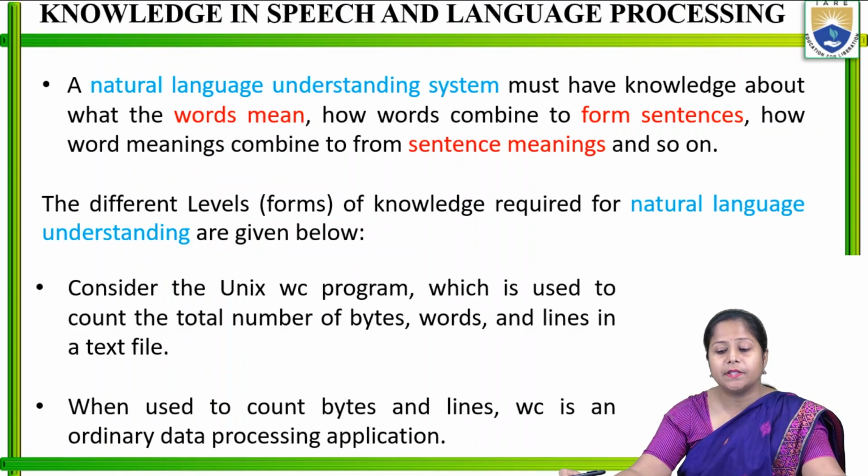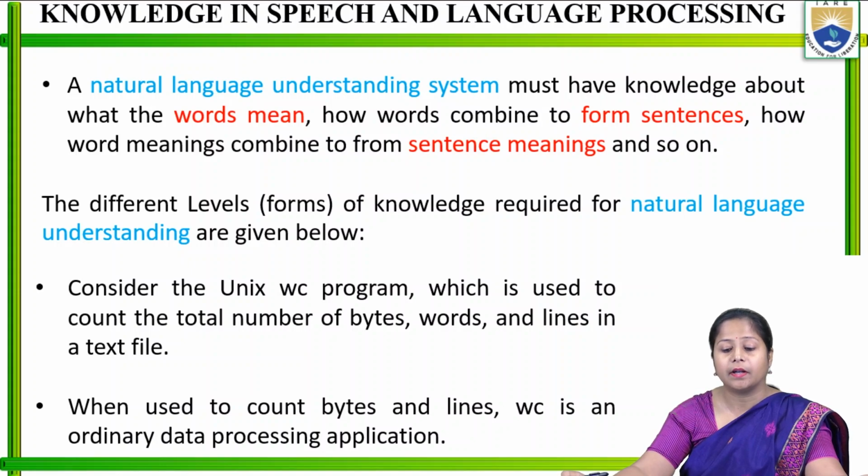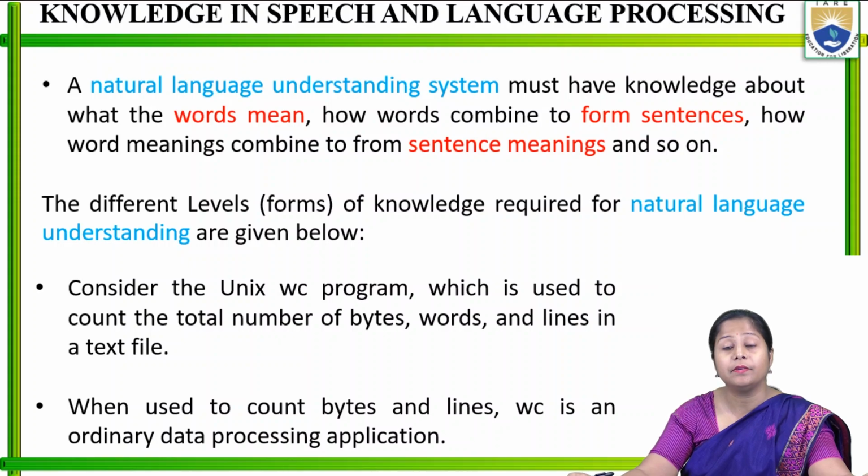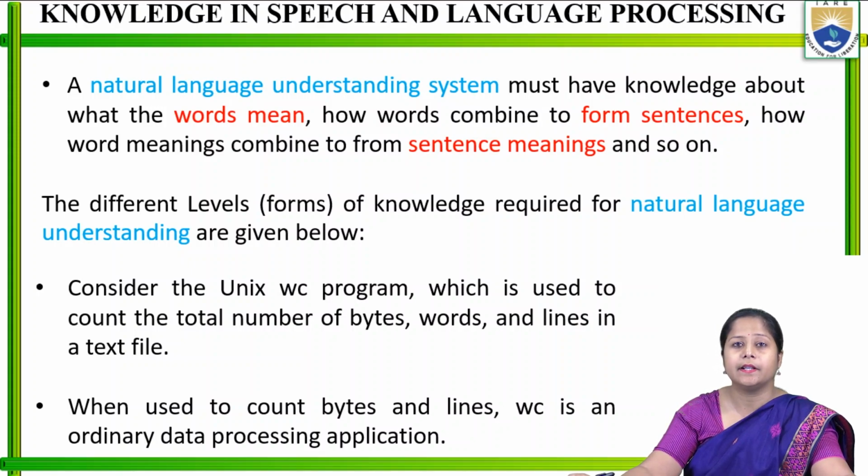Knowledge in speech and language processing is nothing but this: a natural language processing understanding system must have knowledge, because it is actually using the document, using the language, either spoken or recordings. So the understanding system has to dig the knowledge out of that, knowledge as a word, knowledge as a sentence, or knowledge as a recording.